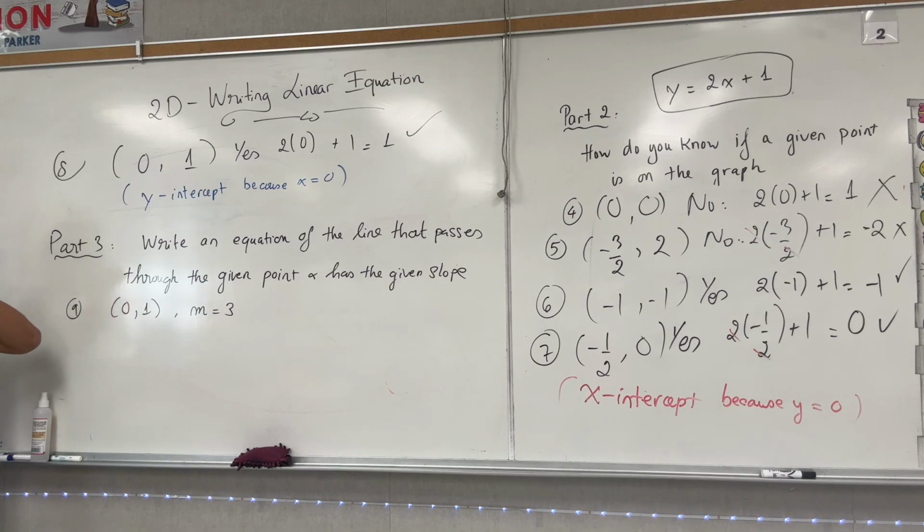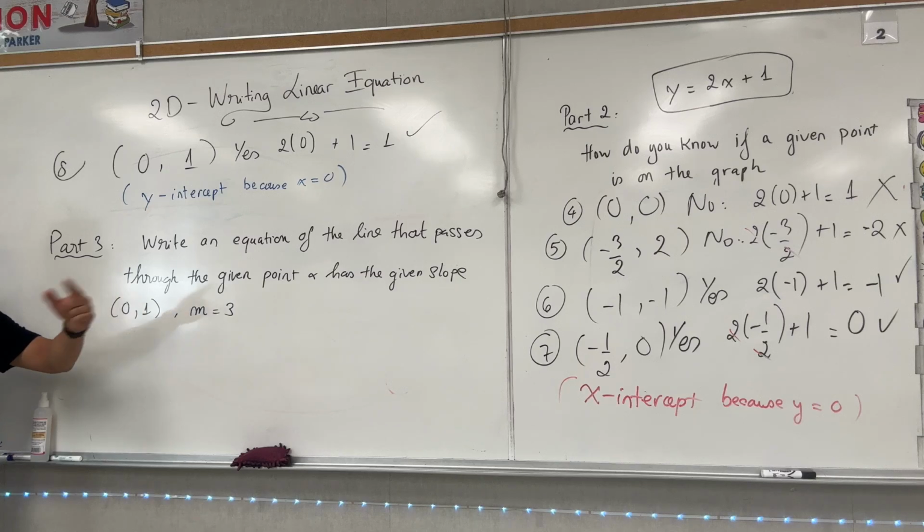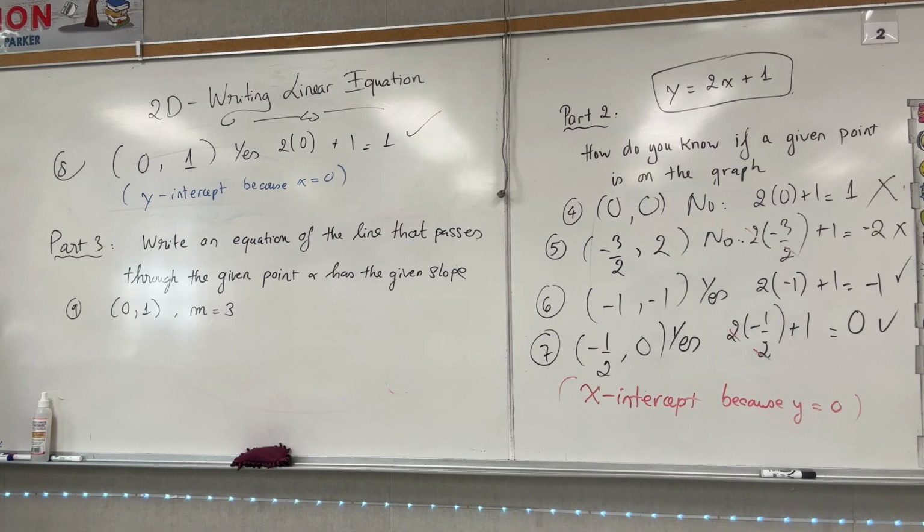So the question here: did they give you the slope? Same as before, but did they give you the y-intercept? Not explicitly, right? Not really obvious. So the missing information here is the y-intercept. What is slope?